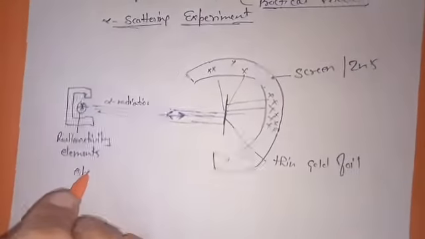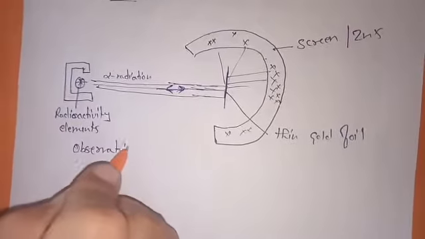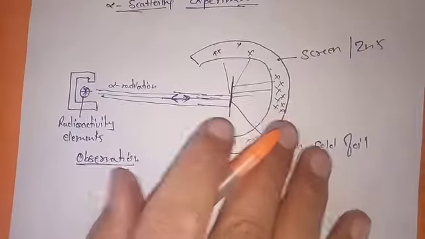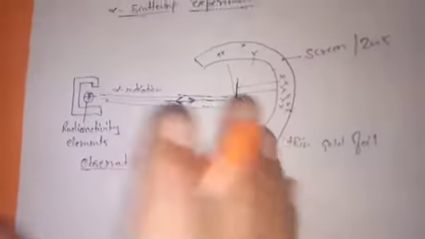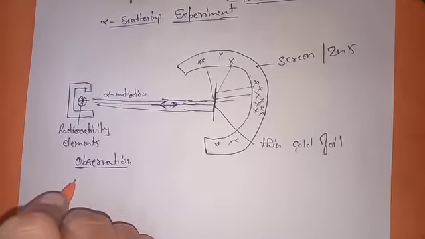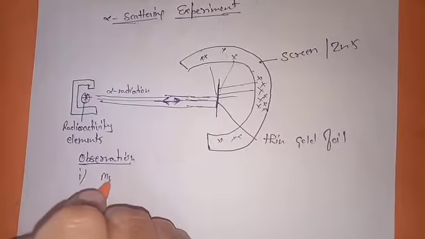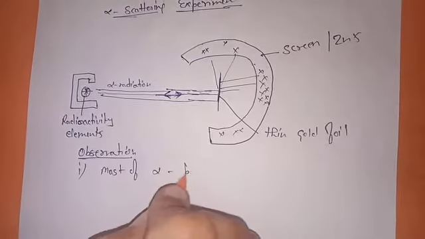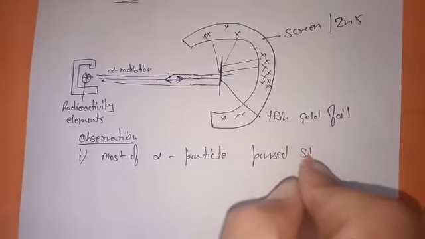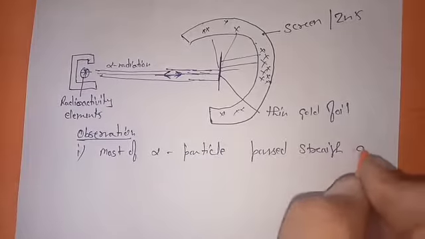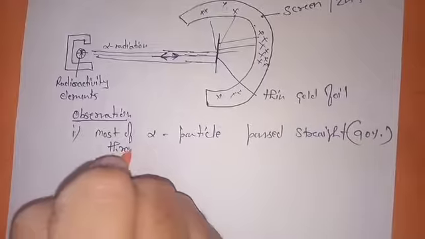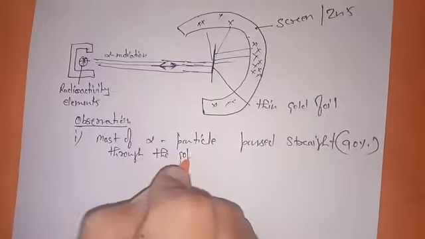What were his observations? When he made the alpha radiation fall on the gold foil, he observed the pattern of deflections, or scattering, of alpha particles. What he observed first: most alpha particles, almost 90%, passed straight through the gold foil.